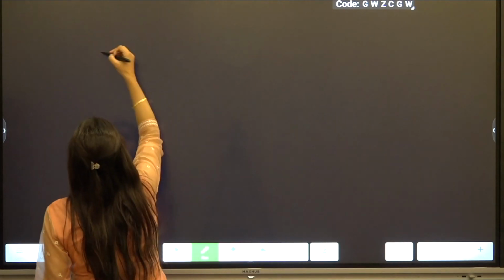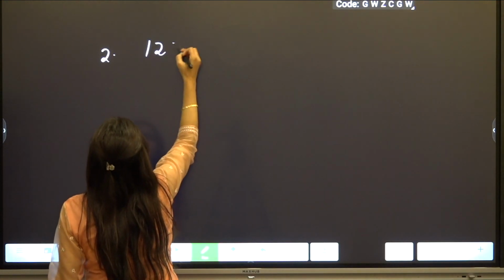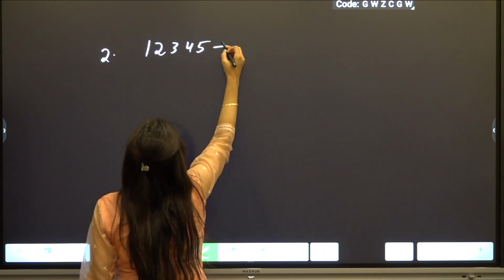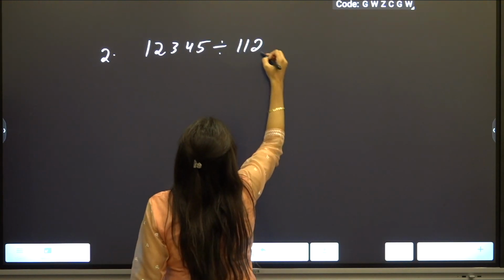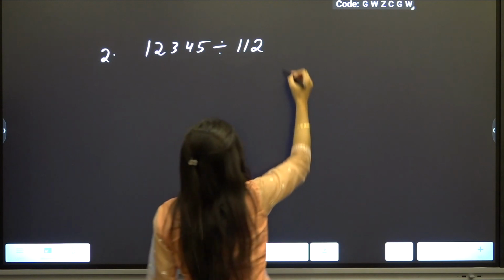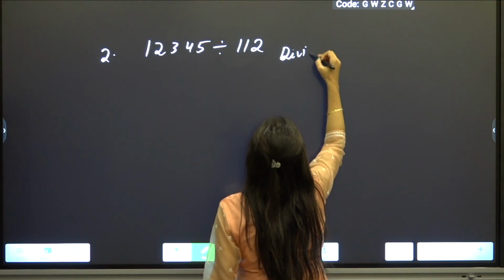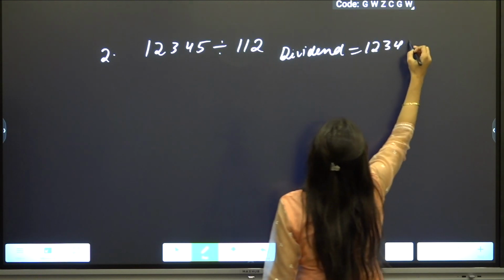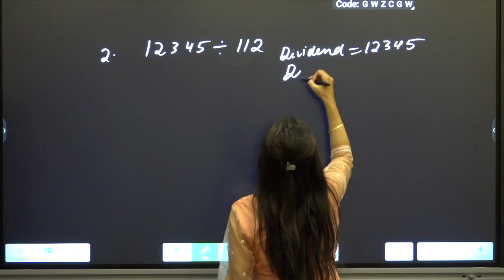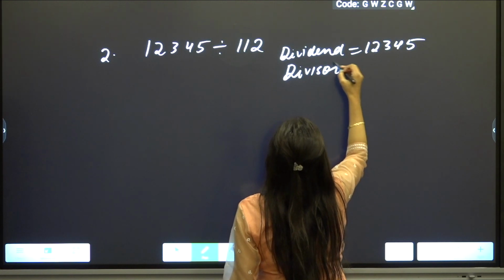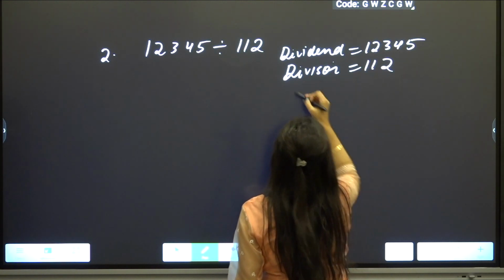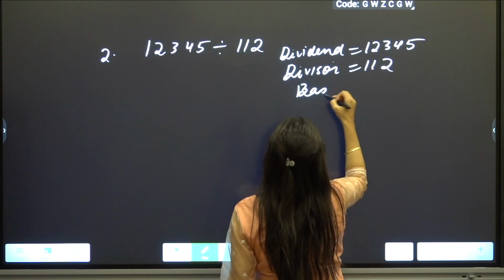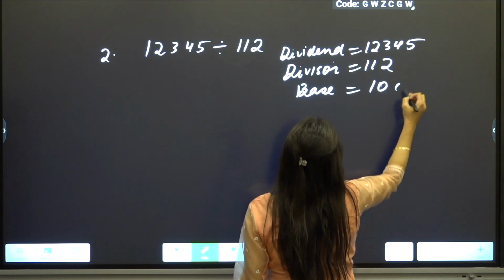Say 12345 divided by 112. Here the dividend is 12345. The divisor is 112. The base is 100.